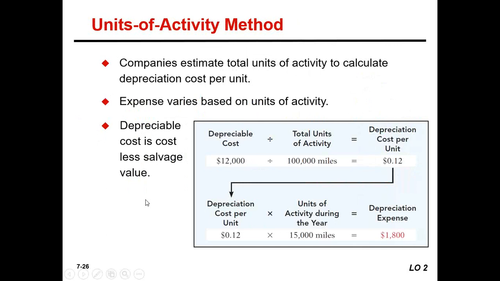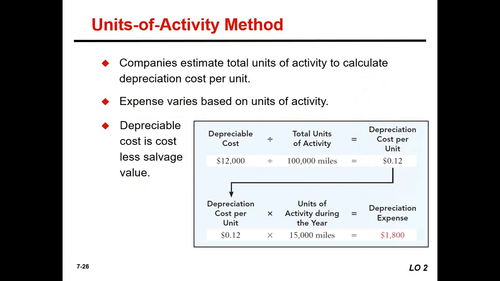Units of activity or units of production. Some companies will use this method because it calculates depreciation based on the actual use of the item. Think a piece of equipment at a manufacturing plant. The equipment stamps out a unit, a widget. How many widgets did it do?